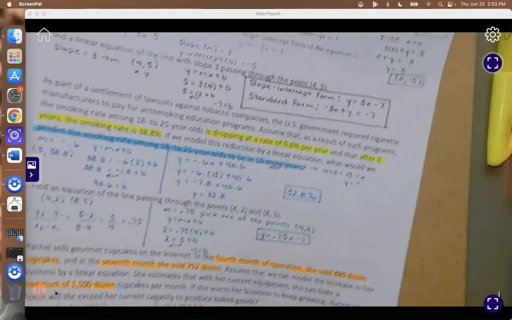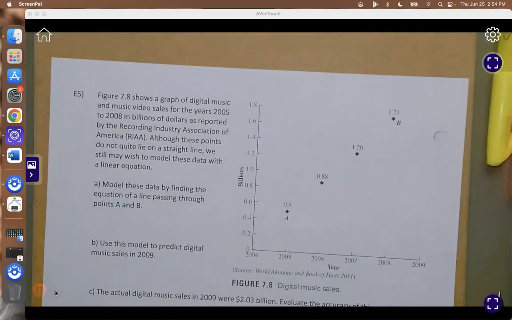Now let's look at a problem using some graphs. So figure 7.8 shows a graph of digital music and music video sales for the years 2005 to 2008 in billions of dollars as reported by the Recording Industry Association of America. Although these points do not quite lie on a straight line, we may still wish to model these data with a linear equation.